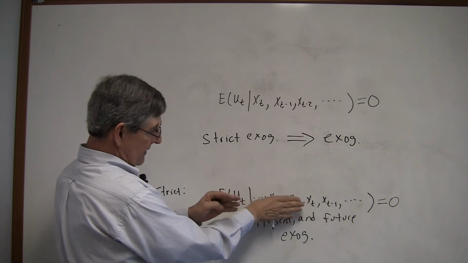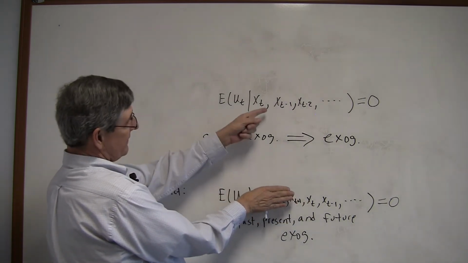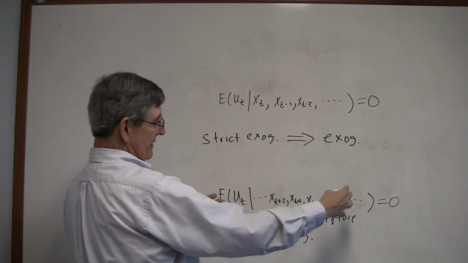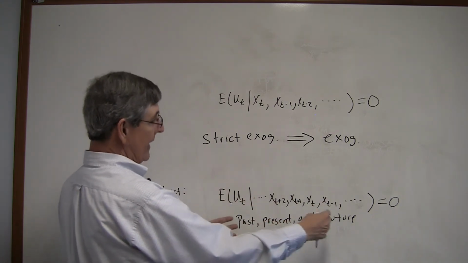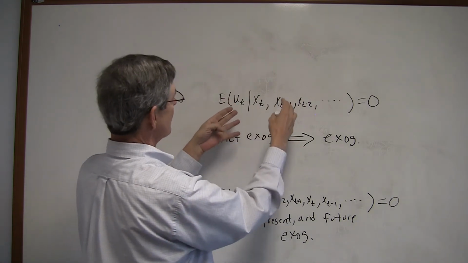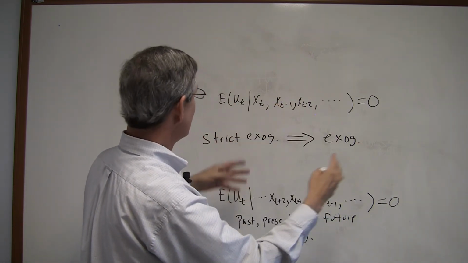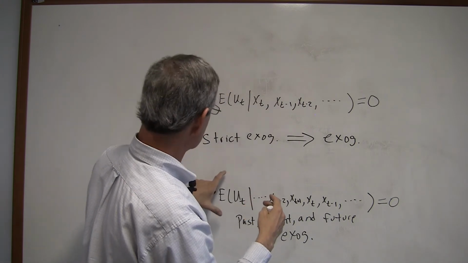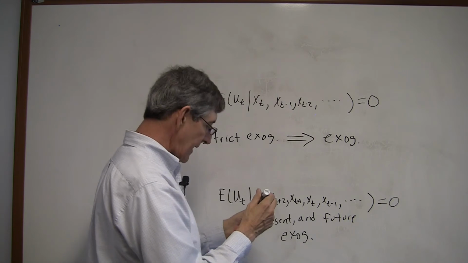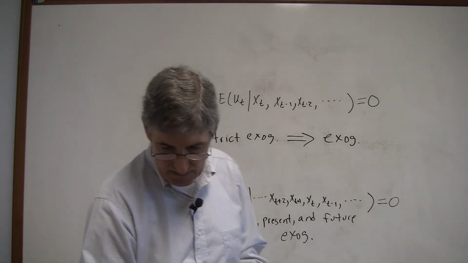Because if you just forget about this part, this condition is subsumed in this condition. So if u_t is independent of past, present, and future, of course it's also independent of just present and past. It's not true that this implies this, though. So if you have strict, you also have exogeneity, but the reverse is not true.